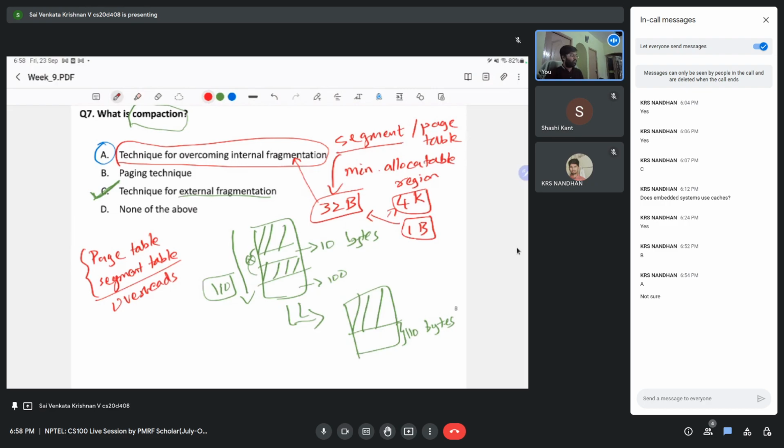These tables are used for tracking where your pages and segments are. And if you want to avoid internal fragmentation completely, then you have to track every single byte which is present in your memory. For tracking every single byte, imagine how much overhead you would be using.